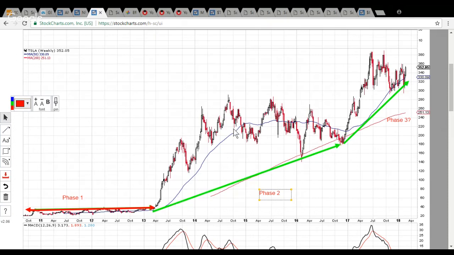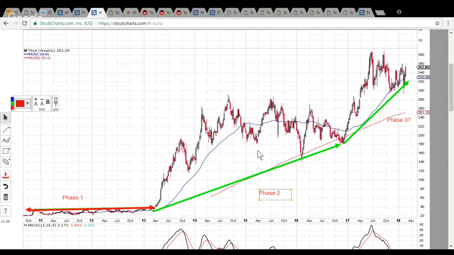I would have drawn it at the time, but I would have wondered, why is it going up so steeply? And sure enough, after 3 touches, 1, 2, 3, it would have been a valid line that was then broken. And that told you that this is 3 out of the 4 that aren't going to make it from a phase 2. Only 1 out of 4 is, and this one didn't.